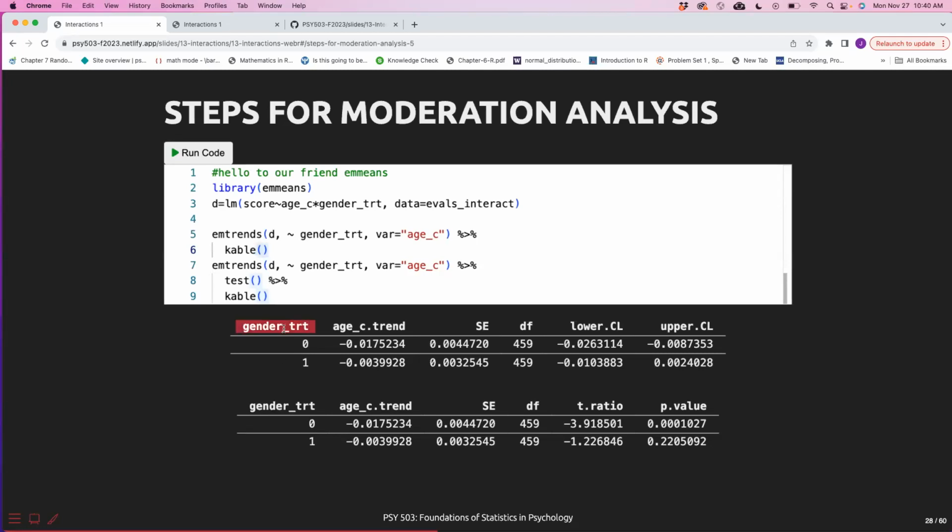So in the first column here, we have gender treatment, 0 and 1. Remember, 0 is female, 1 is male. We have our slope estimate here, negative 0.02 and then negative 0.003. We have our standard error, our degrees of freedom, and then our confidence intervals, our t-ratio and p-value. What I want you to note is that this slope value here, this negative 0.02, is the same slope value that we got when we fit the regression model originally, because of how we coded the model with females as 0.